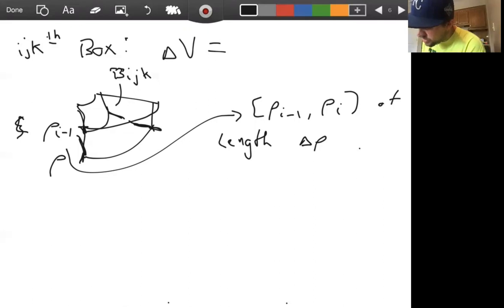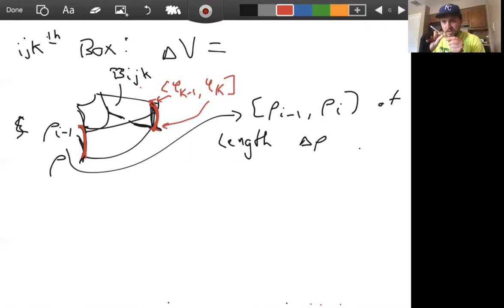Okay. Then we also need the change in phi here, right? These are rounded. Or let me use a different color here. We're going from phi k minus 1 to phi k here. So here is phi k minus 1, down here is phi k, right? Because that's the change in this angle here, of length.